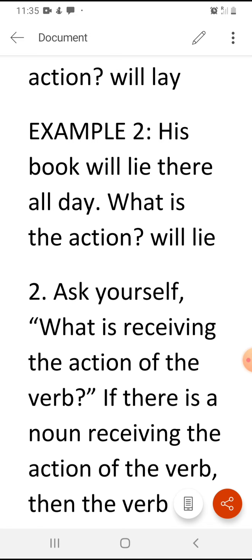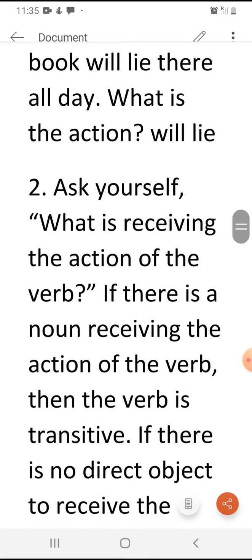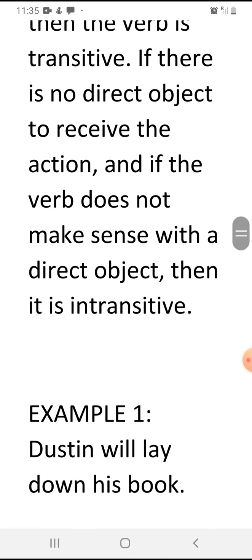The action is will lie. If we ask the question, his book will lie what? We do not get any answer. If we ask the question, his book will lie whom? Then also we are not getting any answer. So that means this verb is not having an object. So the verb is intransitive verb.